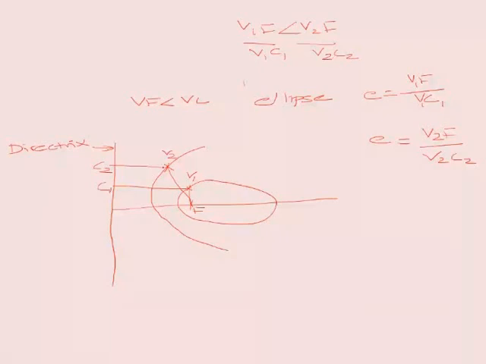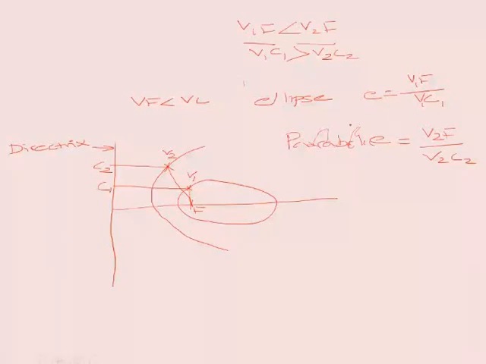V1C1 will be greater, obviously. So here the numerator will be smaller and the denominator bigger, and here the numerator is bigger and the denominator smaller. So what it says is the eccentricity of the parabola will obviously be greater than the eccentricity of the ellipse. That's what it's trying to communicate.